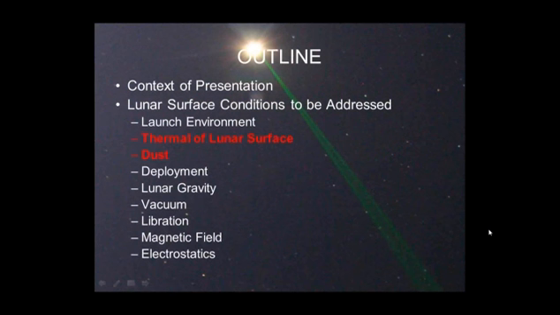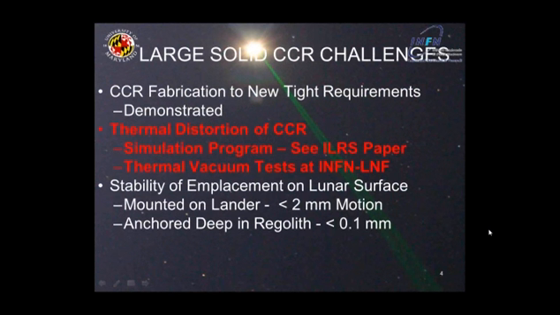Lunar gravity, vacuum, libration affects us, and the magnetic field and electrostatics. In particular, the challenge to our large solid corner reflector that I'll be addressing is the thermal distortion that in turn causes an optical distortion and reduces the signal level.